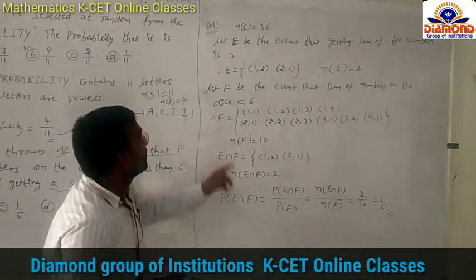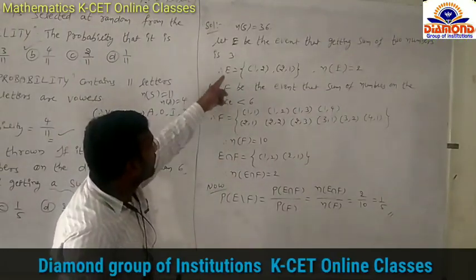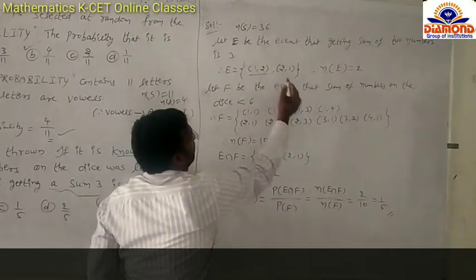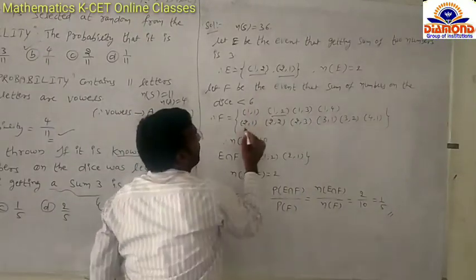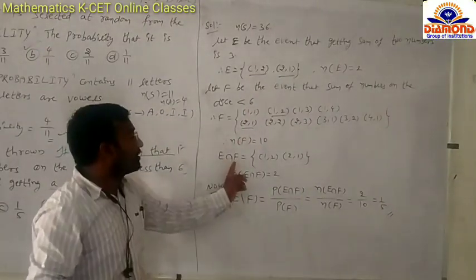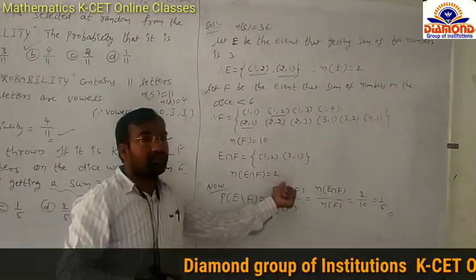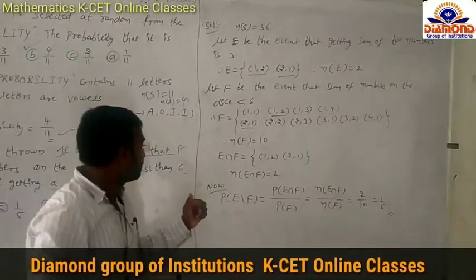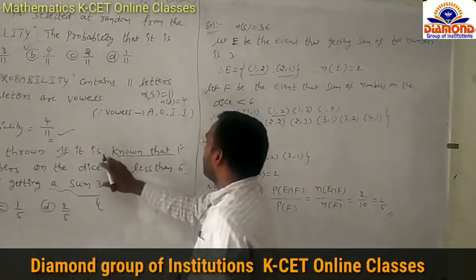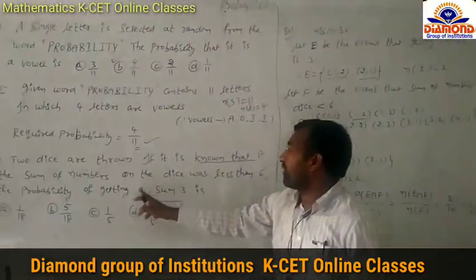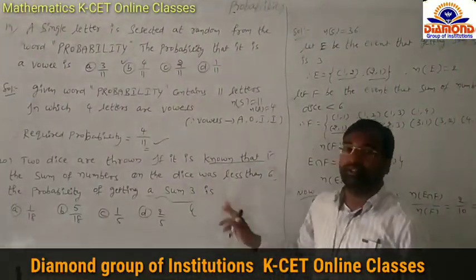Next, the intersection E intersection F, the common elements of E and F: 1,2 and 2,1. So E intersection F equal to {1,2; 2,1}, and N of E intersection F equal to 2. Now, if the sum of the 2 numbers on the dice was less than 6, we find the probability of getting a sum of 3.